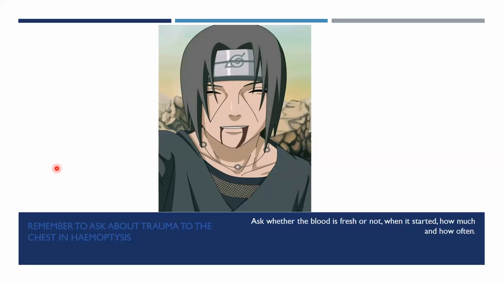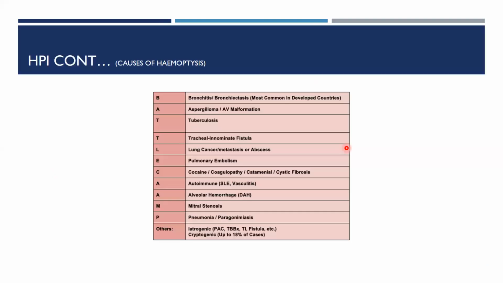Because sometimes you can confuse it for a nosebleed that's dried up, and he coughed out blood. No, it's a nosebleed that happened, and then he coughed it out later on when it's clotted.